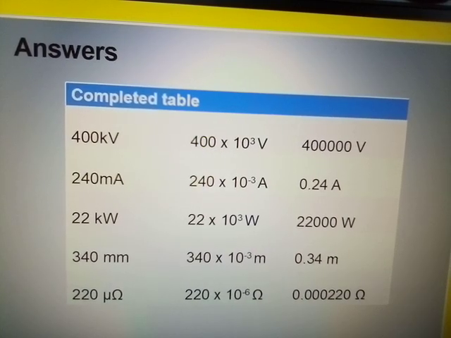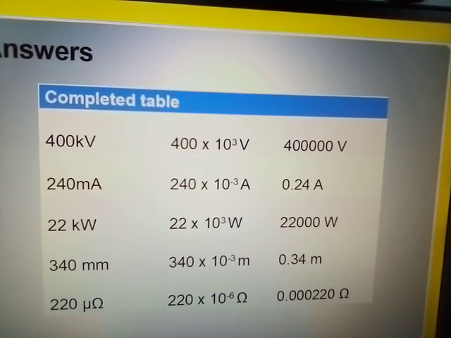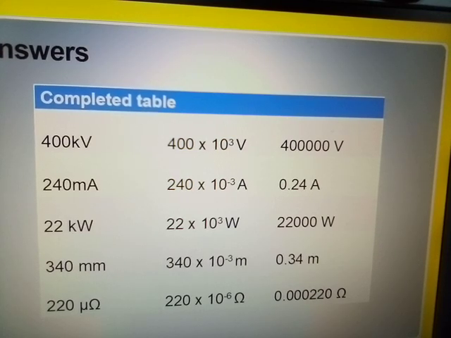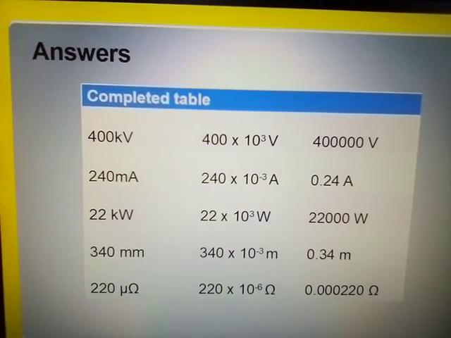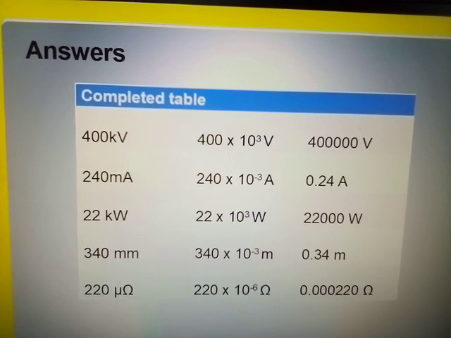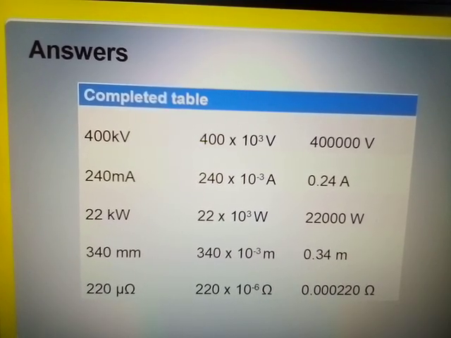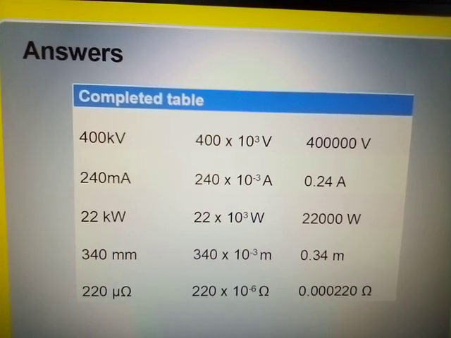Okay, 400,000 volts, 0.24 amps, 240 milliamps, that was part of 1,000, so it's 0.24 amps, 10 to the minus 3.